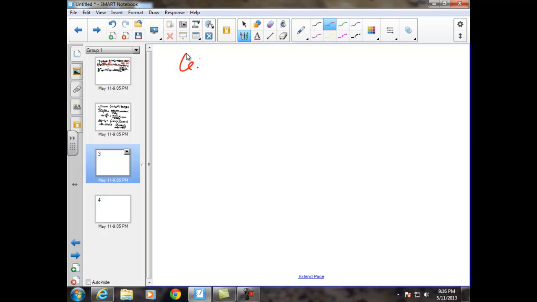So 62.5 grams of Ba(NO3)2. All right, so we divide it by the molar mass. The molar mass of barium nitrate is 261.35 grams.